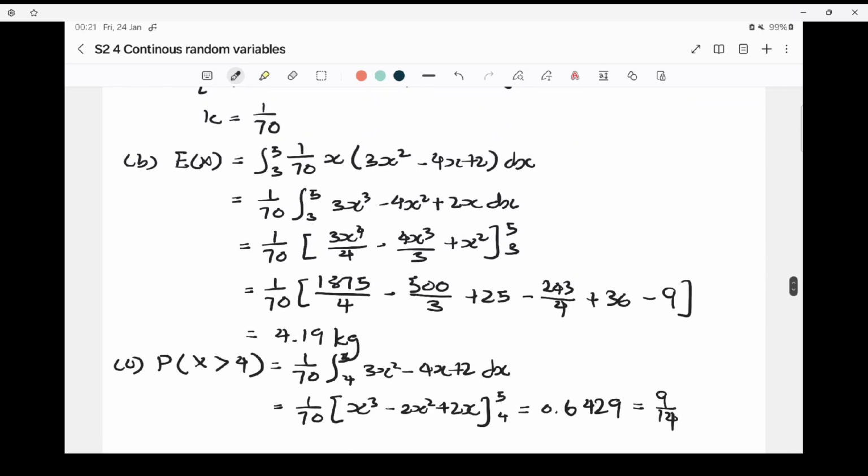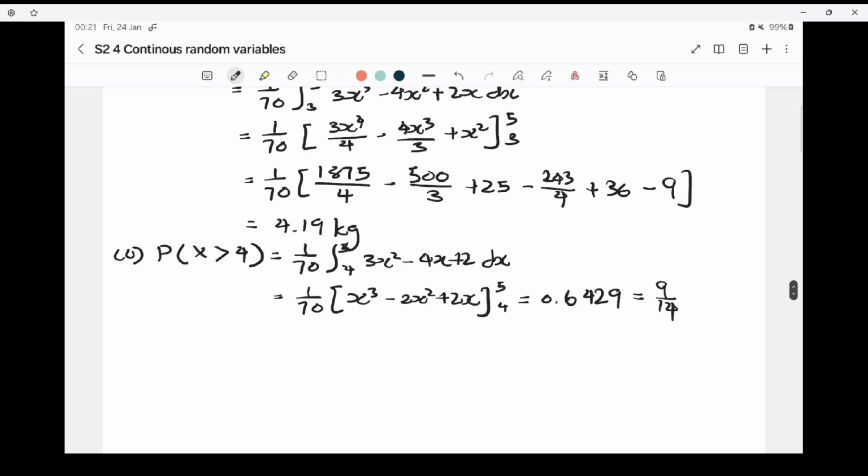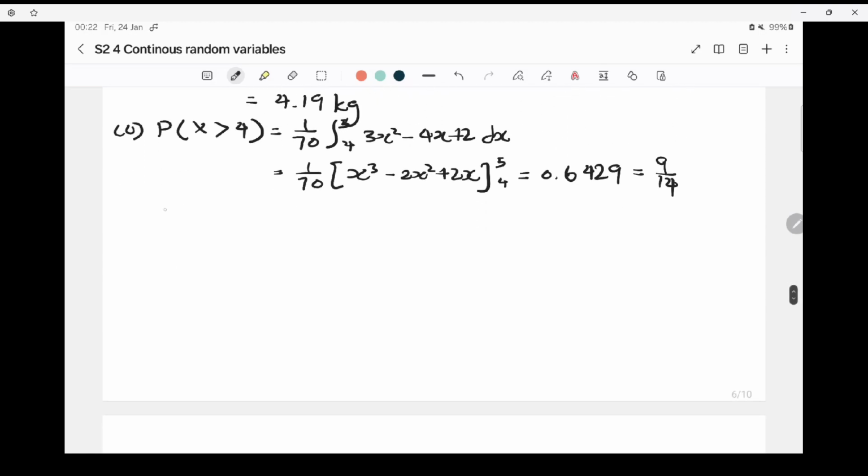So you don't need to integrate twice, because otherwise, P(X smaller than 4) will be 1 minus 9 over 14, and this will be 5 over 14.